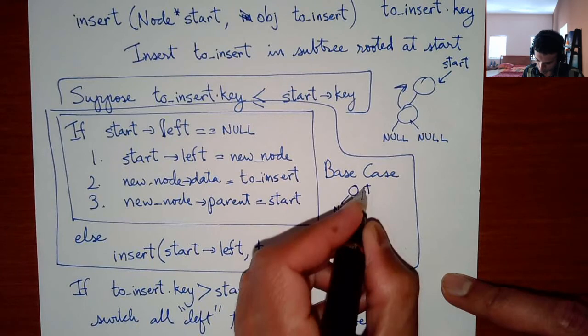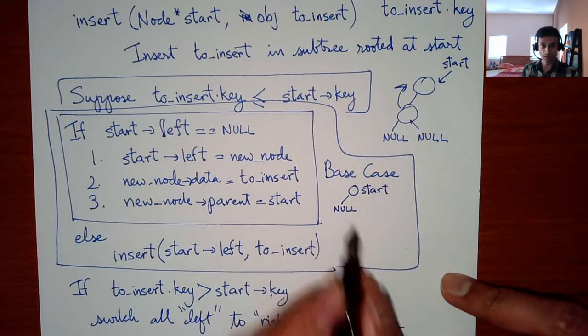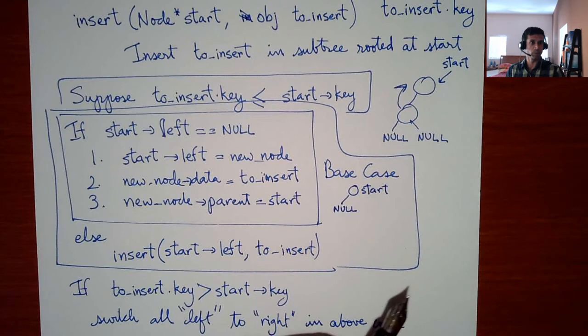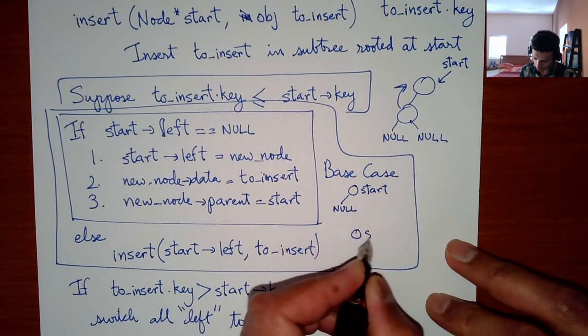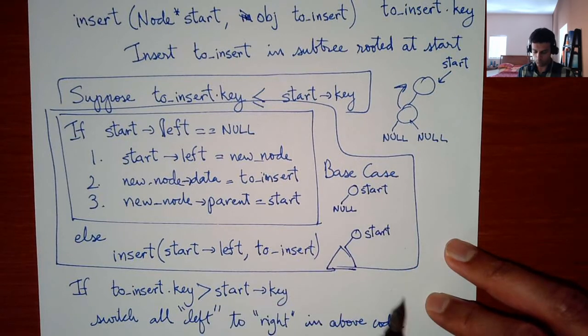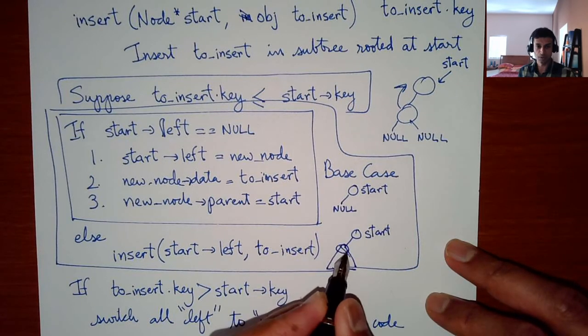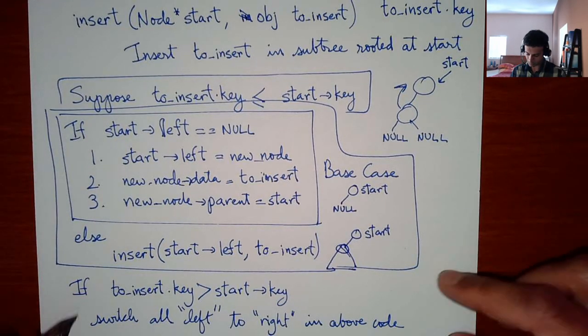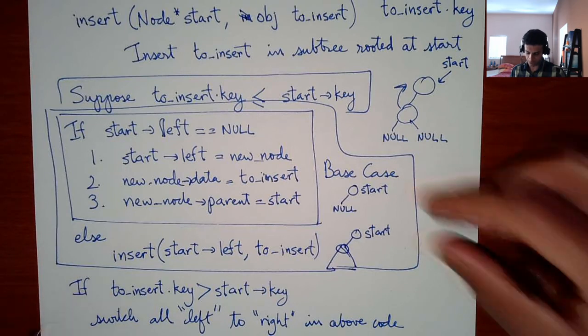So this is start, and that's null. So in this case we have found a place to insert. We go ahead and do the insertion. Otherwise we do the recursion. So in this case what we do is we simply move to start arrow left and then do the same procedure. This gives you the 2 cases here.